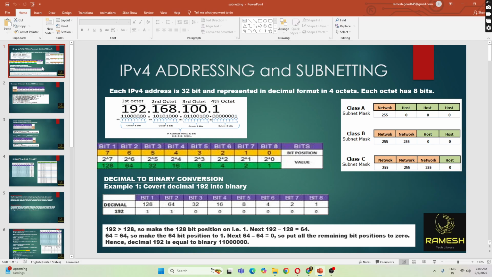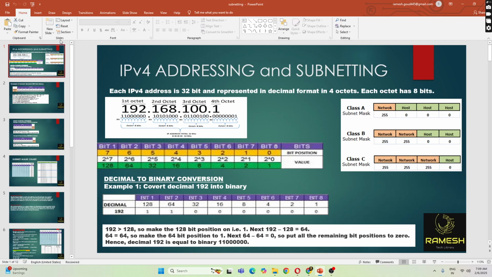I'm asking bits, not octets. So bits is 16, octets are 2. There are 32 bits, but how many network bits are in class B? 16 network bits. How many network bits in class C? 24.